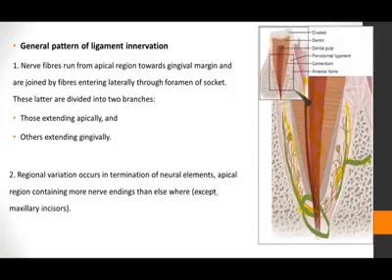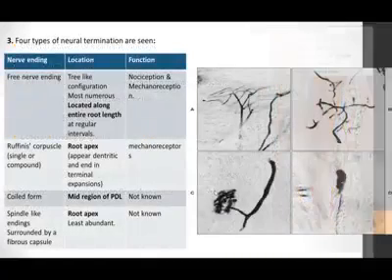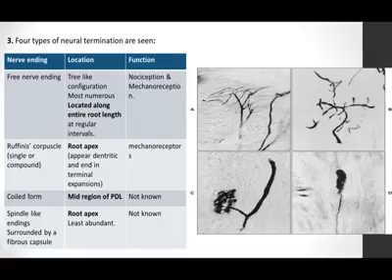Most of the terminations of these nerve endings are present within the apical region of the periodontal ligament. Then these nerves could terminate in various forms. They could either terminate as free nerve endings or Ruffini's corpuscle, or they could form a coil form ending, or they could form a spindle-like ending.